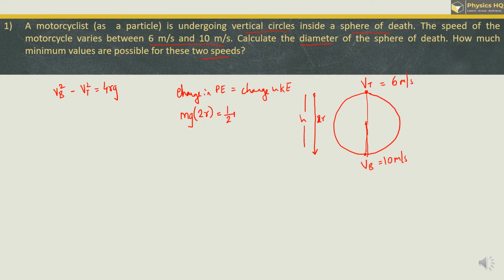So we'll write it as half m vb square minus, at the top, half m vt square. What we can do is we can cancel out m over here. What this becomes is vb square minus vt square is equal to, if we put this 2 common from the denominator on the other side, it will become 4rg, and this is the equation we got.